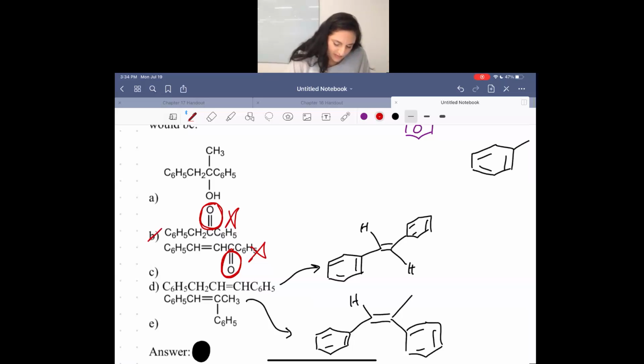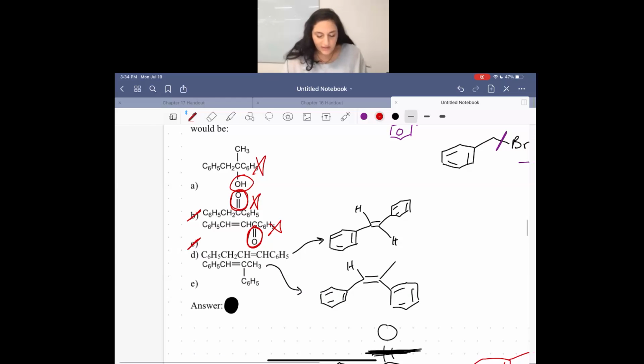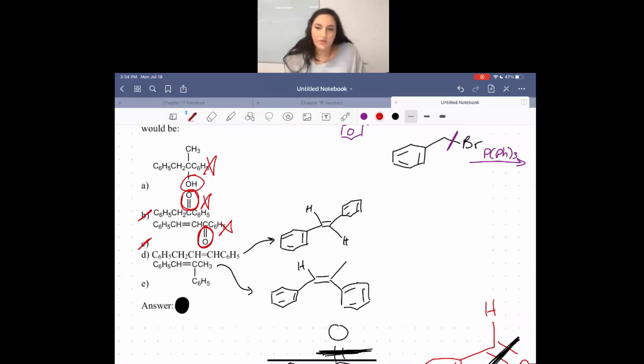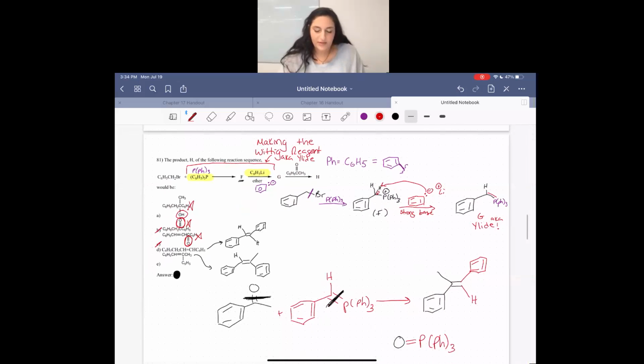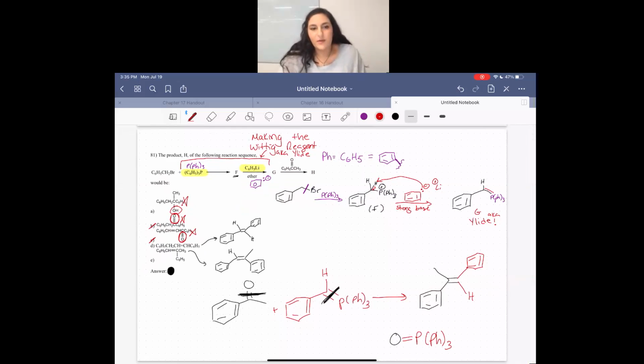So this was B, this was C. And for A, we don't have any double bonds at all, and we have this OH. Where the heck did we get that from? I don't know, trash. So you're stuck between D and E, which both look pretty similar to what we did, right? Looking at all of this, which one is correct? D or E?